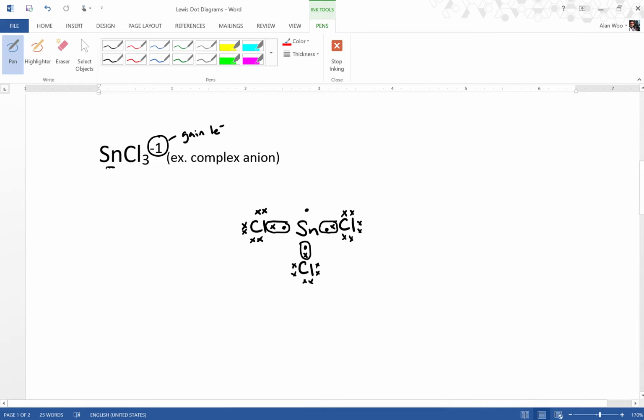So for this one, we just add an electron from the outside somewhere. Because like I said, it most likely got the electron from another atom, or it's just going to pick an electron randomly from a sea of electrons that's surrounding the ion.